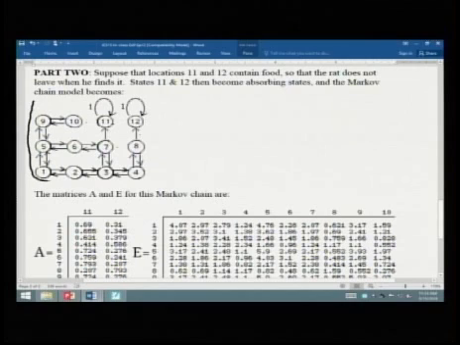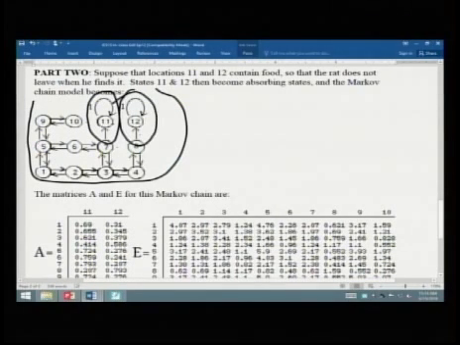Now, this is going to be our new transition diagram. The only difference is this part, 11 and 12, because now we are assuming that both states are absorbing states.